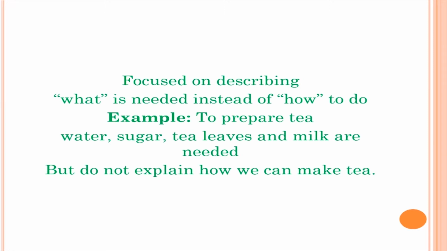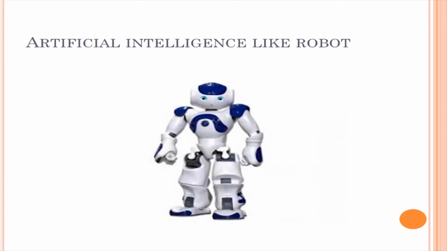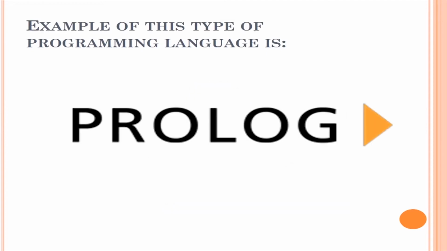For example, if we want to make tea, we will describe that water, sugar, tea leaves, and milk are needed. But we will not explain how to make tea. This language is specifically used in artificial intelligence, a specialization in computer science engineering. An example of this type of programming language is Prolog.